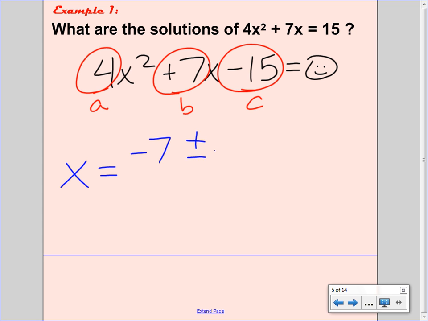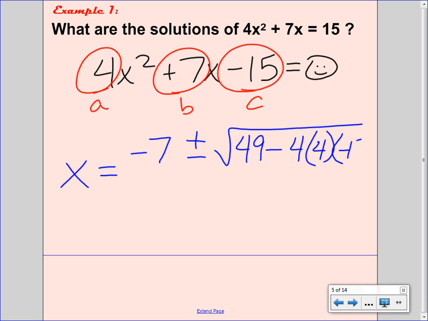Plus or minus square root b squared minus 4, okay, stop there. B squared would be 7 squared, 49, minus 4ac, 4 times 4 times negative 15, which all goes over 2a.